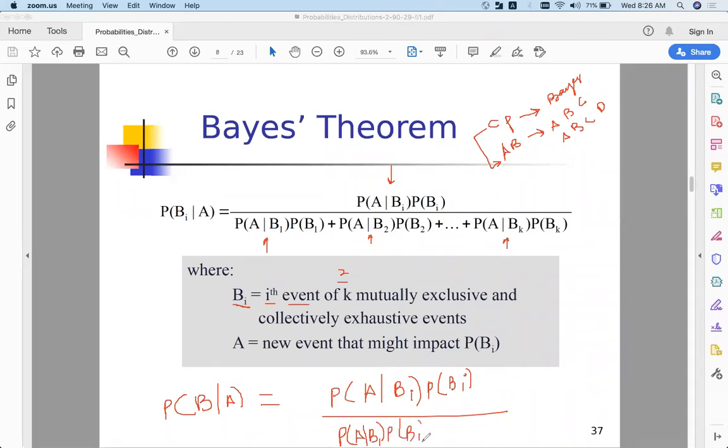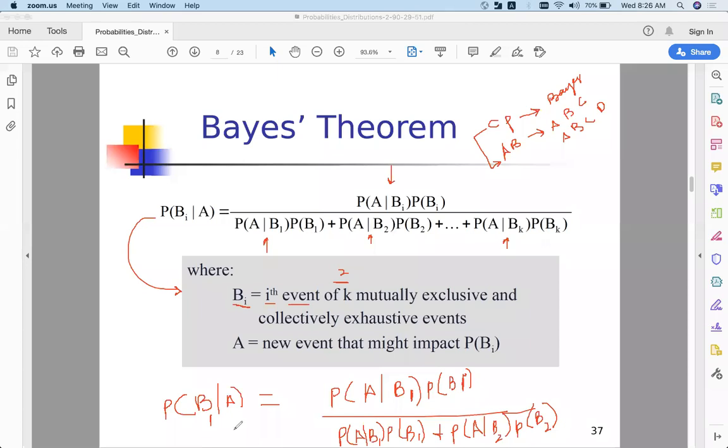Since K is 2, how many terms will I have in the denominator? 2. For simplicity, I'm writing this for K equal to 2. So this is B1 and this is B1.